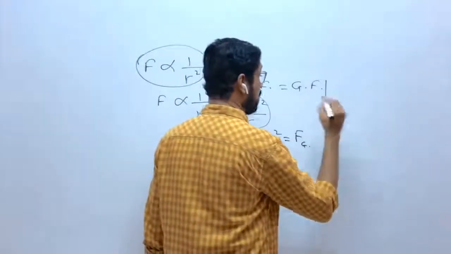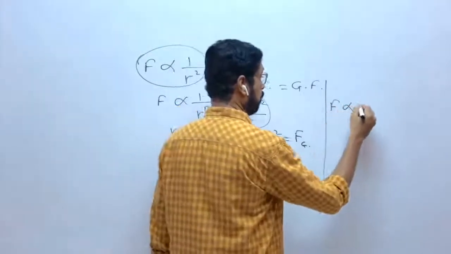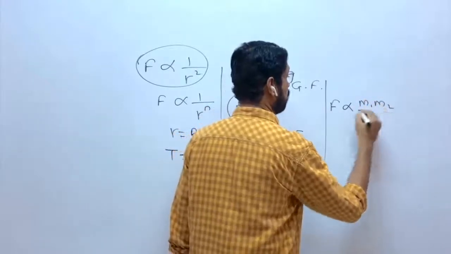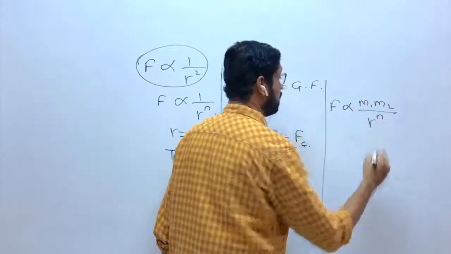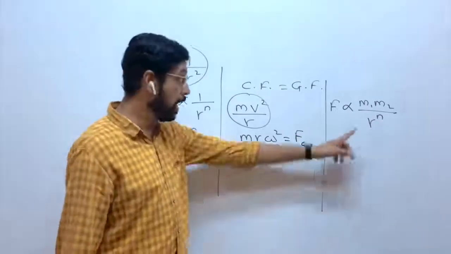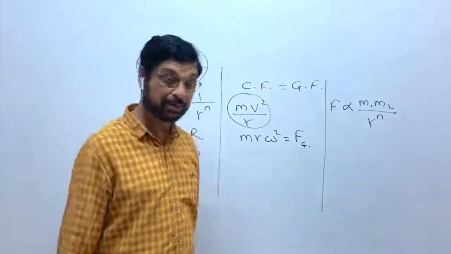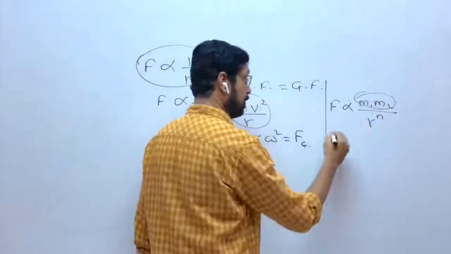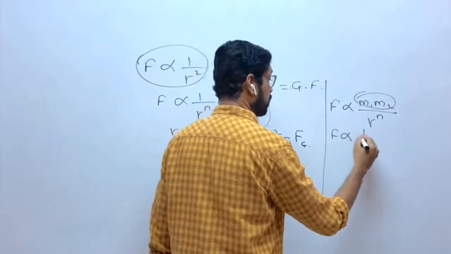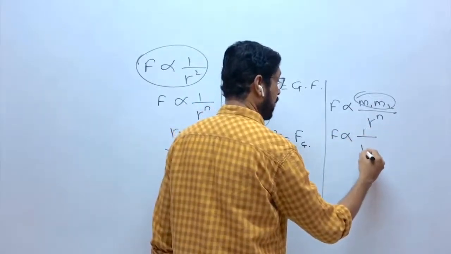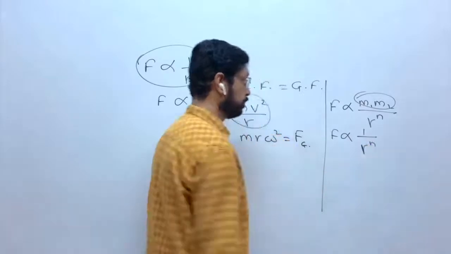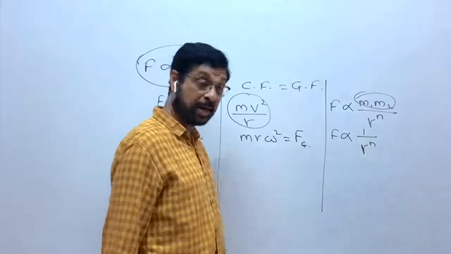Now, gravitational force is proportional to m1 m2 upon r raised to n. Instead of r square, here it is r raised to n. Now, this is a constant. Means F is proportional to 1 upon r raised to n.